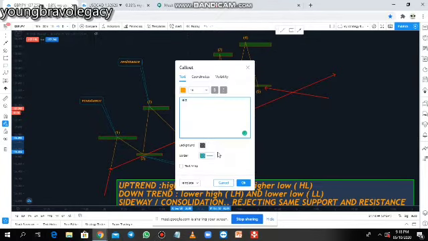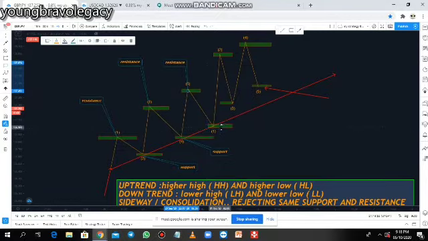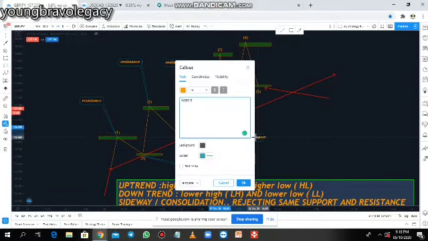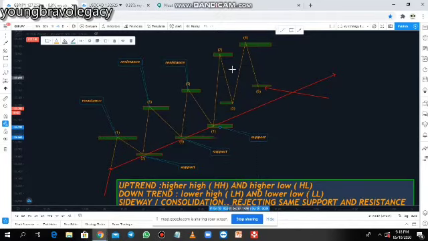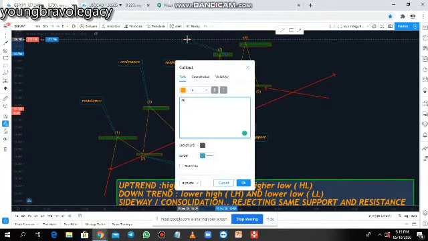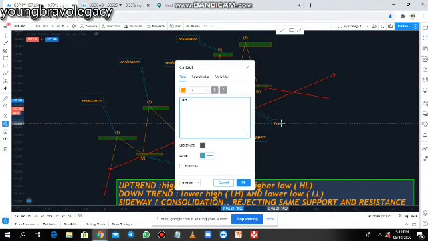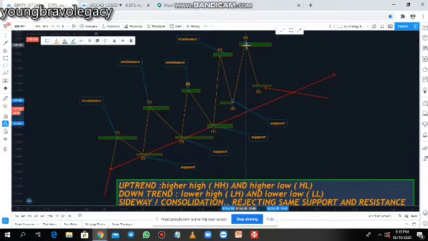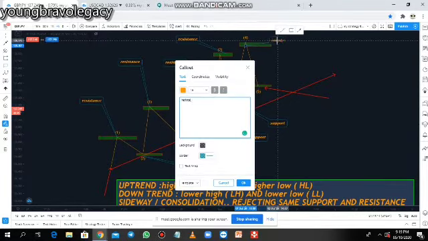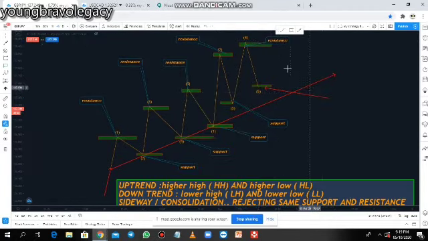Then we have support, then resistance, then support, then resistance, then support, then resistance, then support.